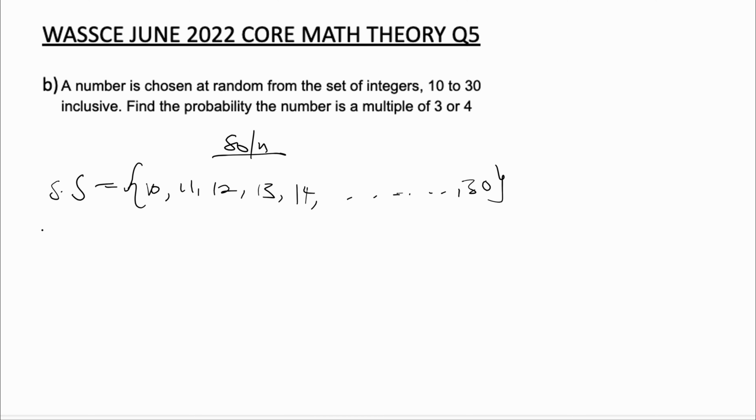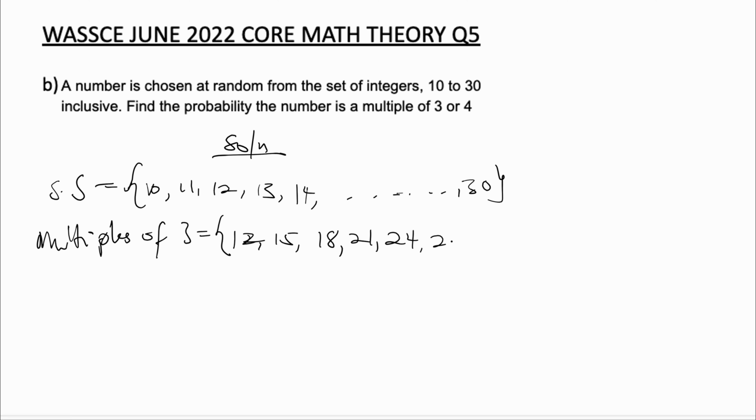So first, let's find multiples of 3, then we find multiples of 4. For multiples of 3, we have 12, 15, 18, 21, 24, 27, and 30.